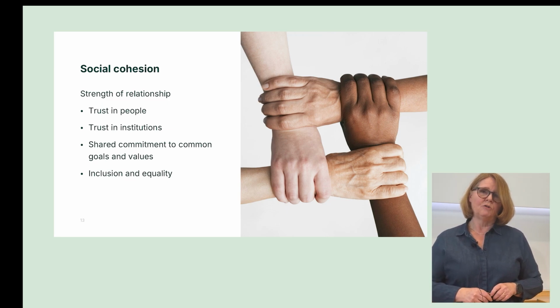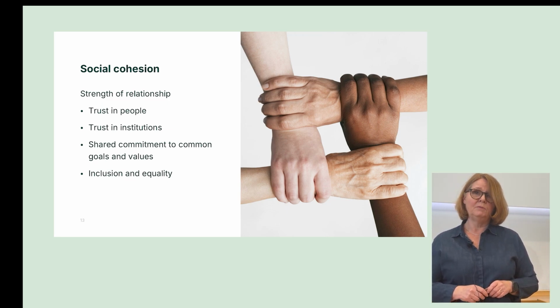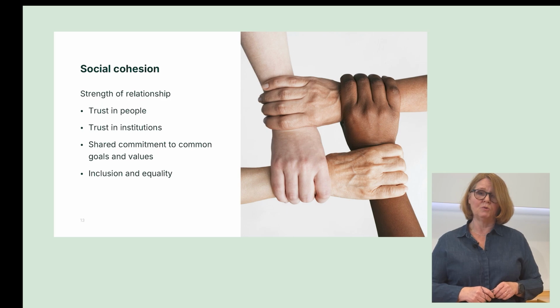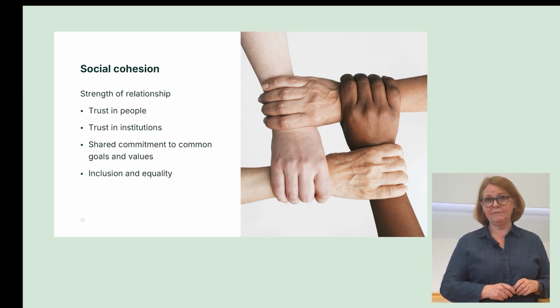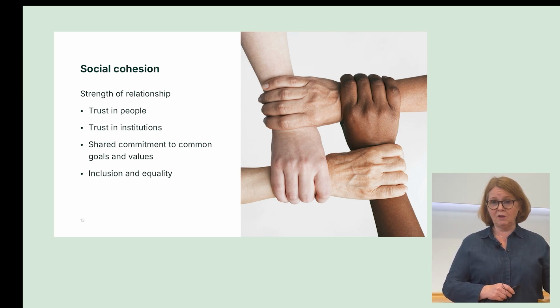The Nordic countries are often highlighted as example societies with a high degree of social cohesion. Social cohesion simply refers to how strong the bonds are between people in a society. We are seen to have strong social ties for several reasons. We tend to have high levels of trust, not just in one another, but also in our public institutions.